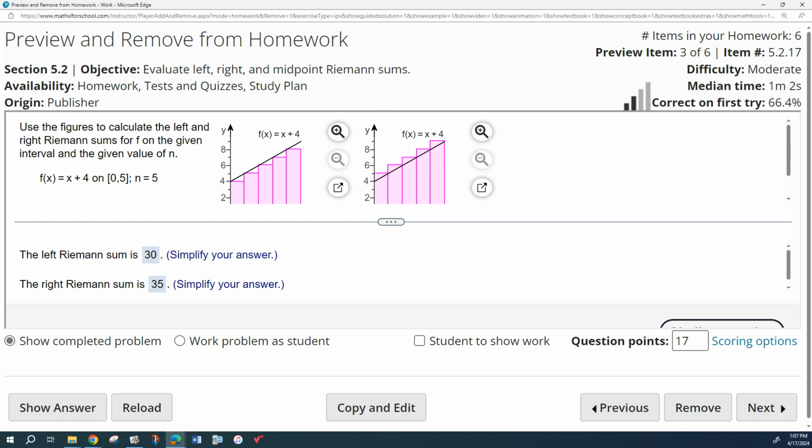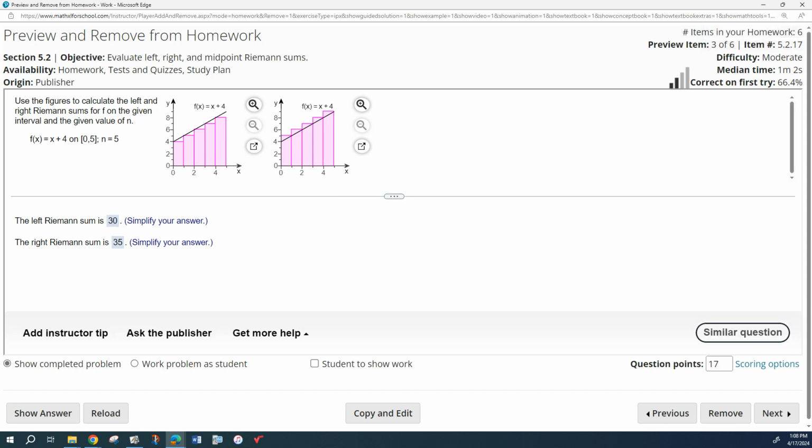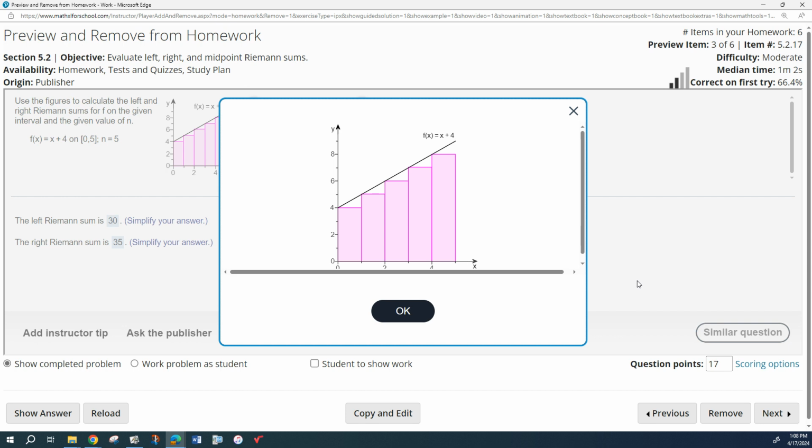And we want to use right sums or left sums to estimate the area under that curve from 0 to 5 using 5 rectangles. These would be the pictures that we would come up with. That would be the left sum. That would be the right sum.